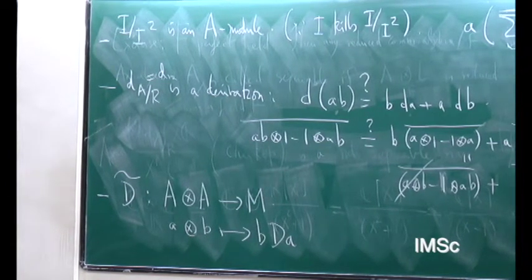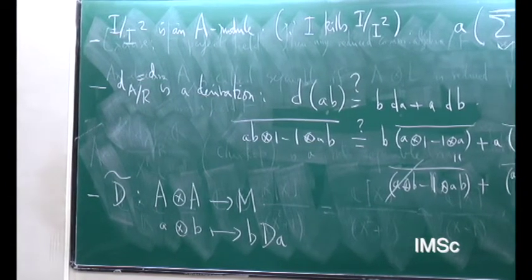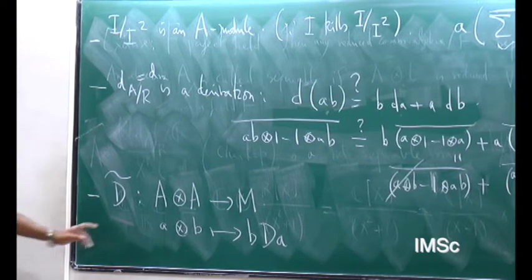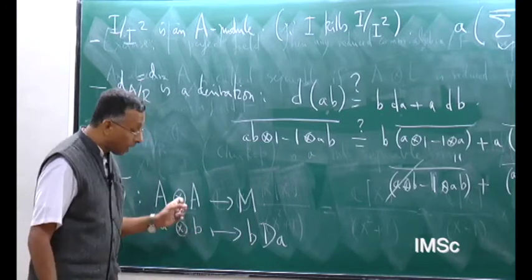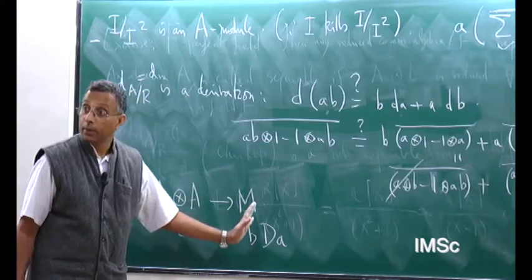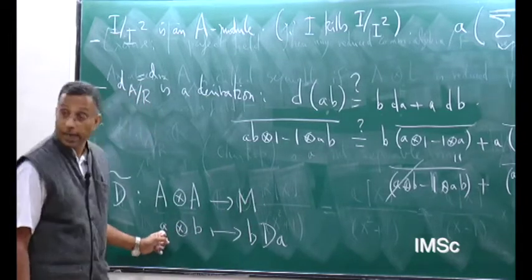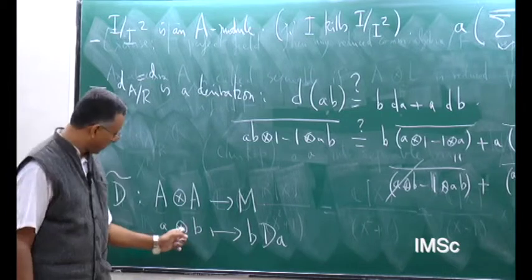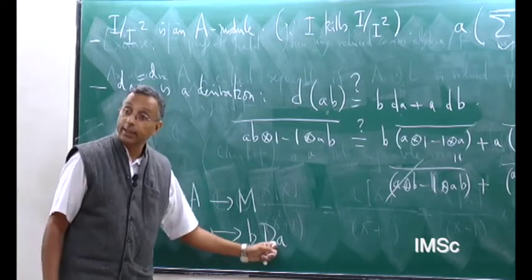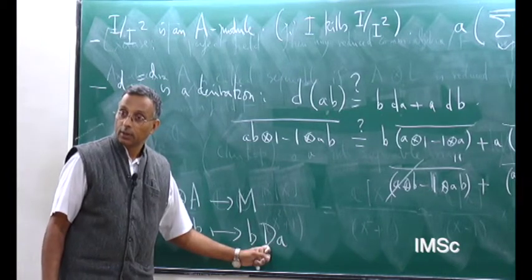So at this point this d tilde exists. Why? Because this I claim is an R bilinear map. It's linear in A and linear in B. That's what I have to check. It's linear in A because D is linear, right?